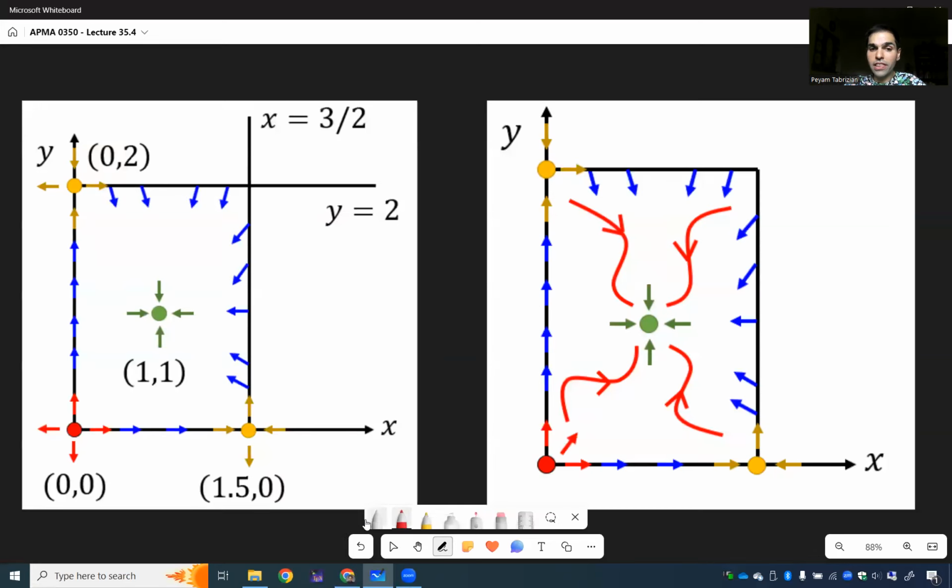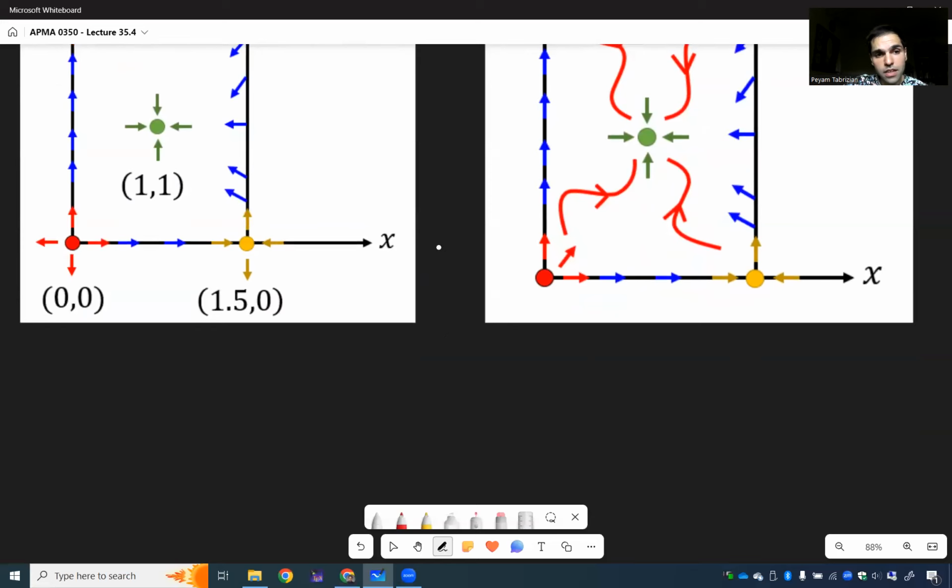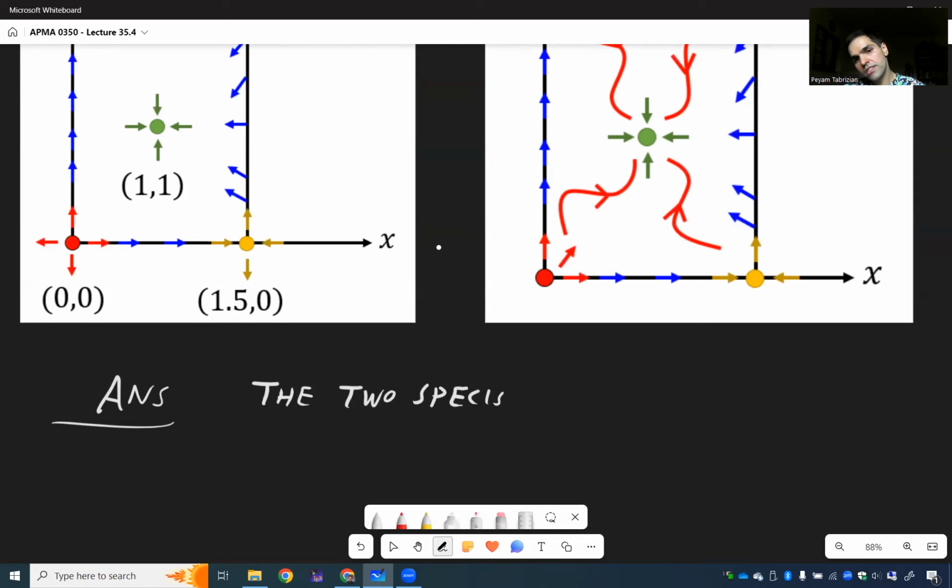So the cool thing is we're actually able to answer a question. So epic conclusion. Turns out the two species will actually not go extinct. These two species won't go extinct.